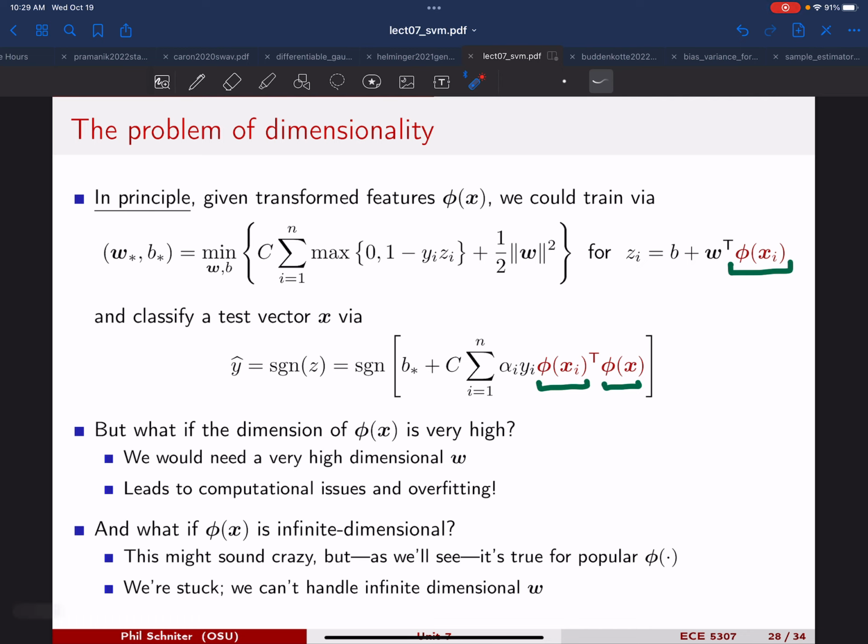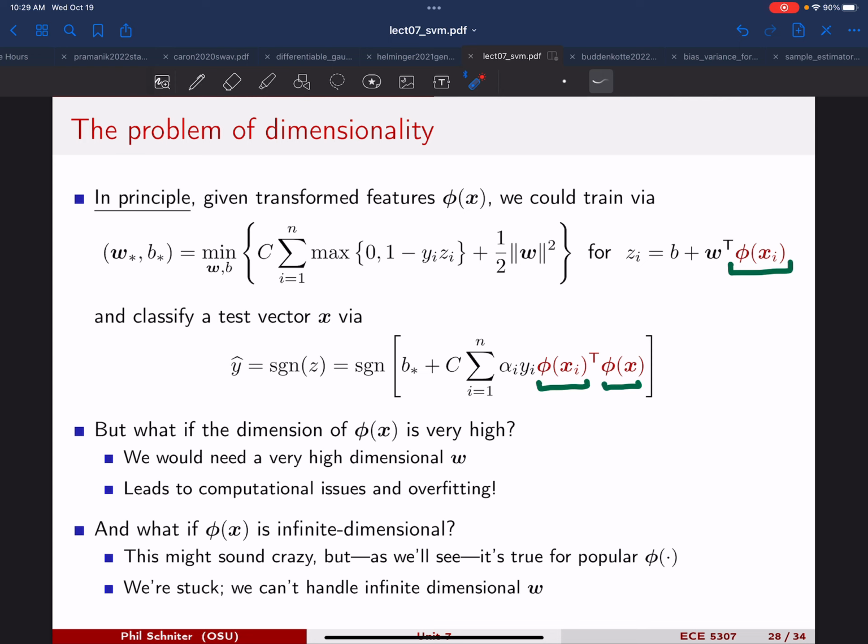Back in Unit 3, we saw that this increases the variance. Remember there's the bias-variance trade-off. That increases the variance, and when the variance goes up, we get overfitting. So it's not enough to just massively increase the number of features.